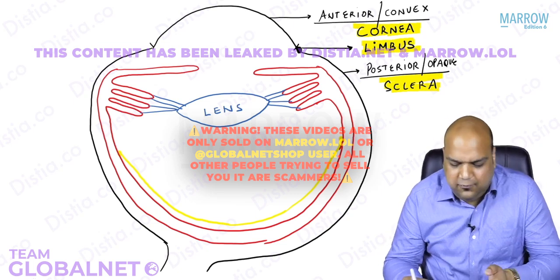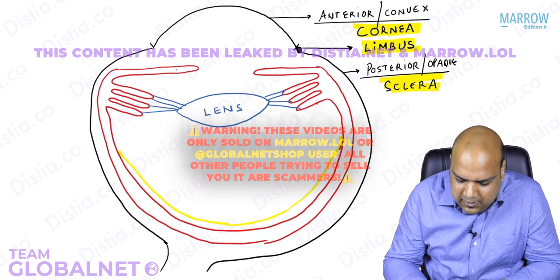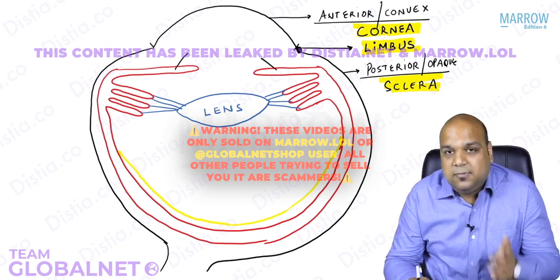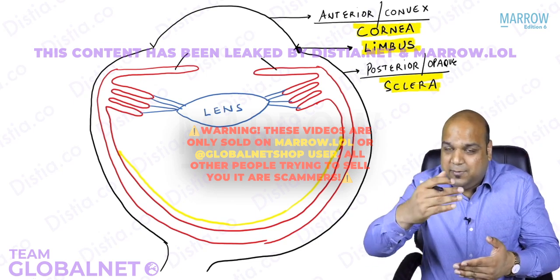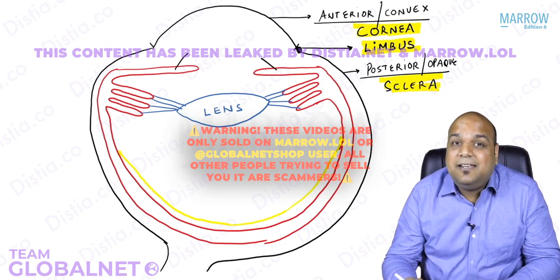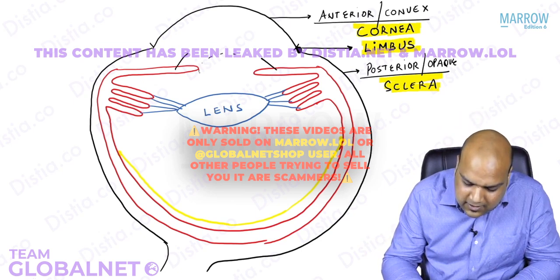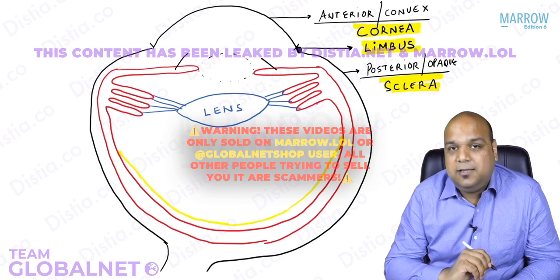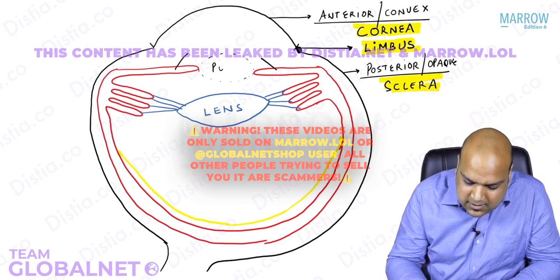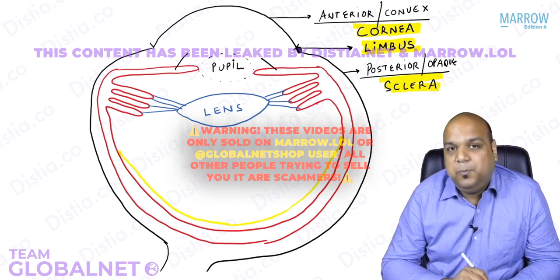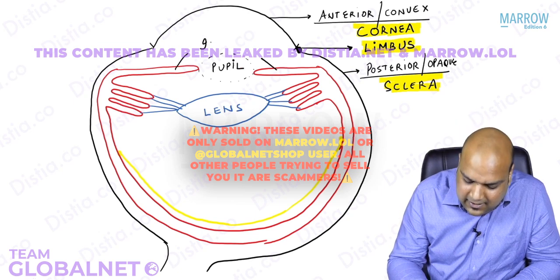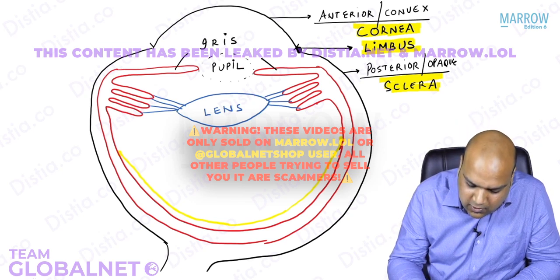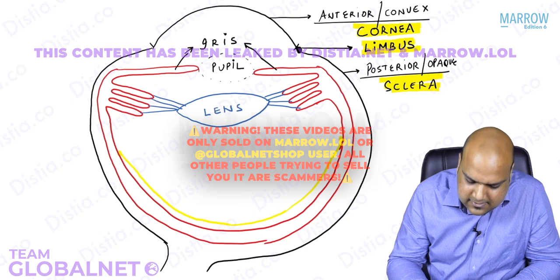Okay. Now, if we remove the cornea, we are able to see the middle layer. The anterior portion of the middle layer with a hole in the center, or an aperture in the center. The aperture was called as pupil. And the part of the middle layer was called as iris.